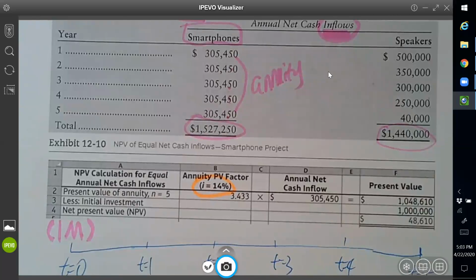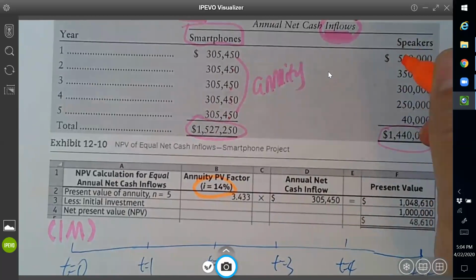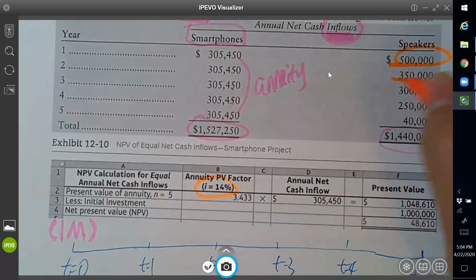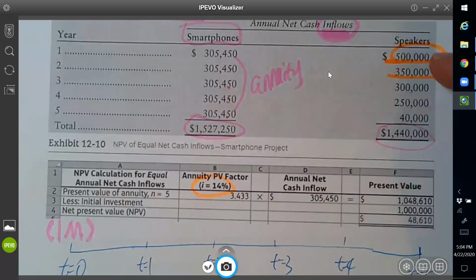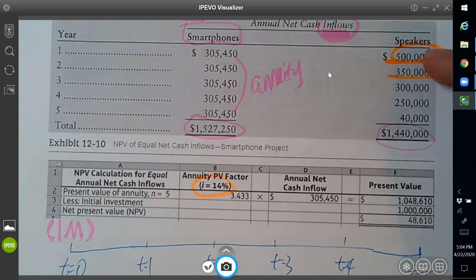Some students said, why? It doesn't make sense. Did we do something wrong? Not really. The reason is that for the speaker, the cash flow in the first year is a lot, and the second year is also more. So although the absolute total value is less, if you get more cash flow at the beginning of the project, your NPV will be higher.